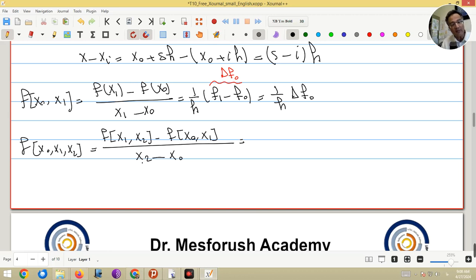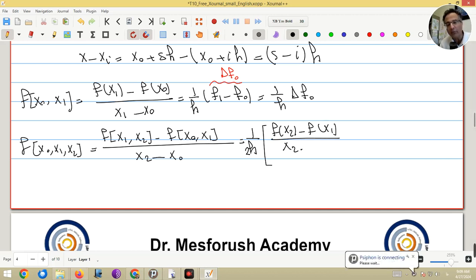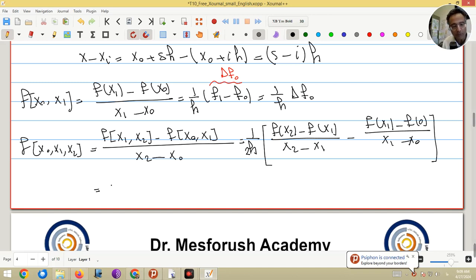It will be x0 plus 2h minus x0, so I can just write 1 over 2h. Now I write the definition of these in divided difference form: f of x2 minus f of x1 over x2 minus x1, minus f of x1 minus f of x0 over x1 minus x0. And now let me continue the computation.